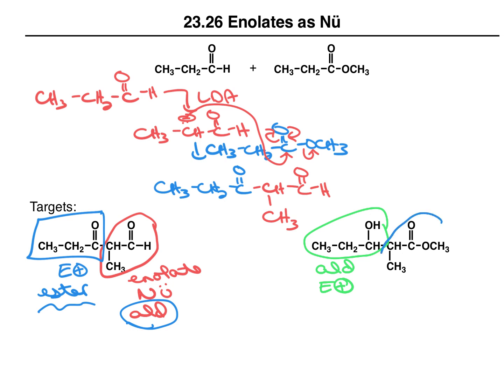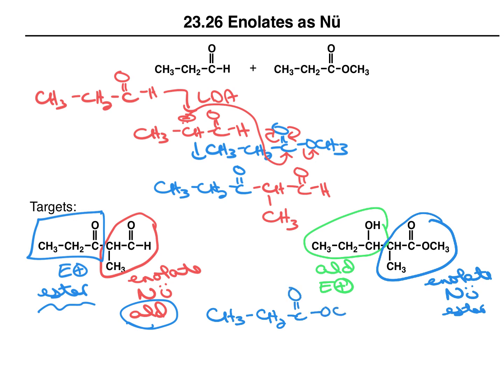And then this one was the enolate, this was the nucleophile, and this was the ester. So in this case, we would start out with the ester and treat this with LDA, and that will give us some of this enolate, mostly this enolate, so that self-addition doesn't happen.